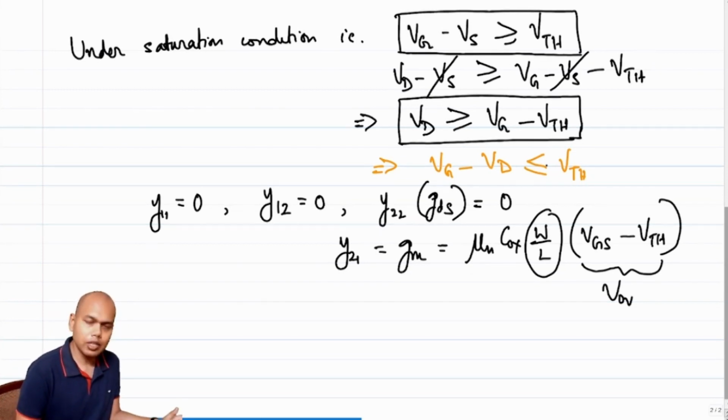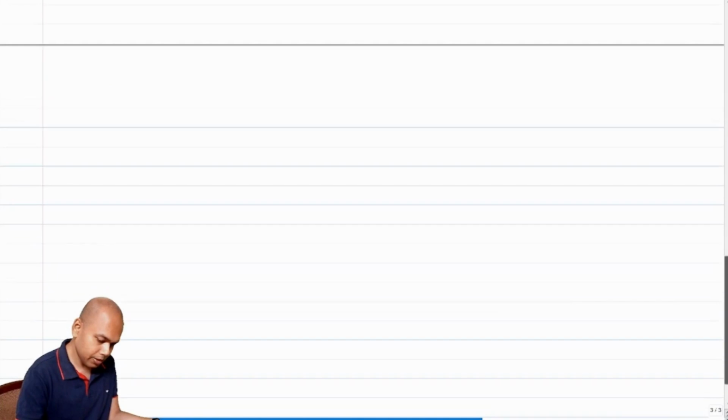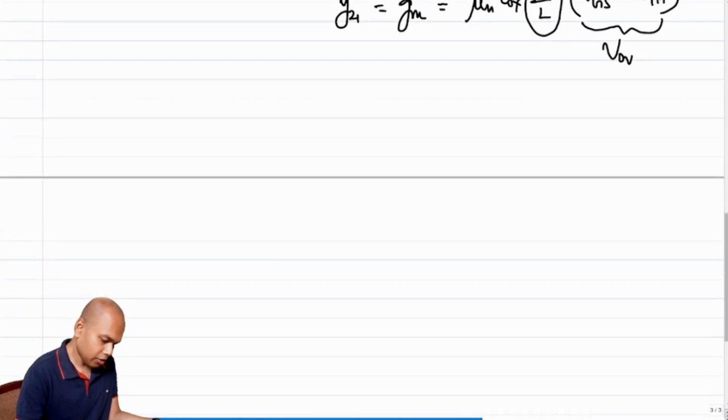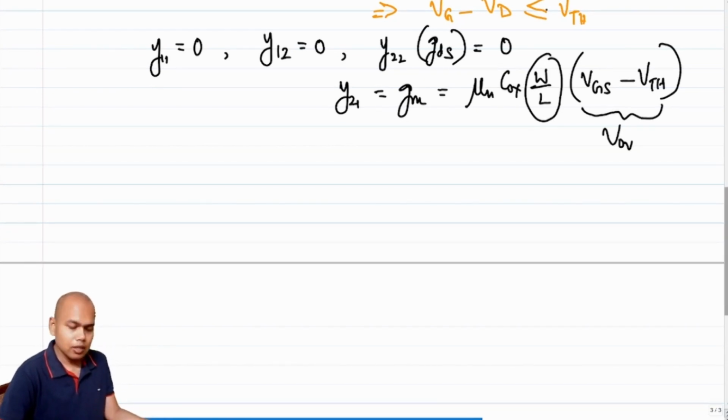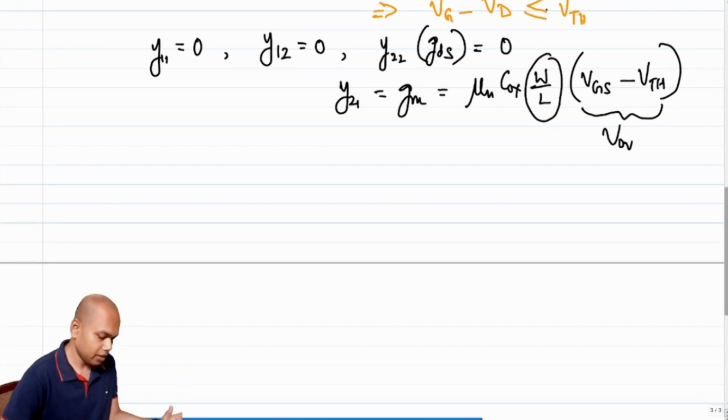The next step is to see how we can use this MOSFET to suit our purposes, right? So in other words, it's well and good that this MOSFET in saturation seems to satisfy the conditions required to get amplification of power, right?